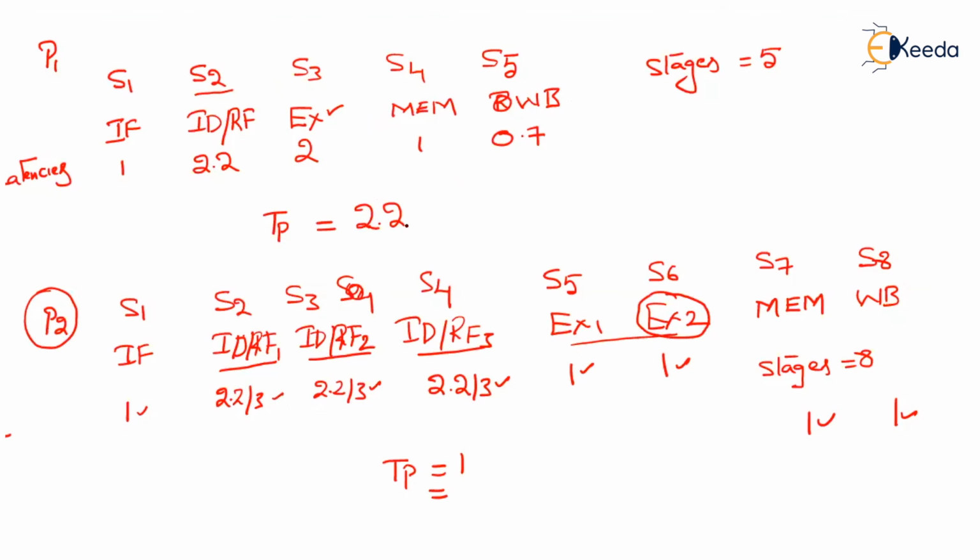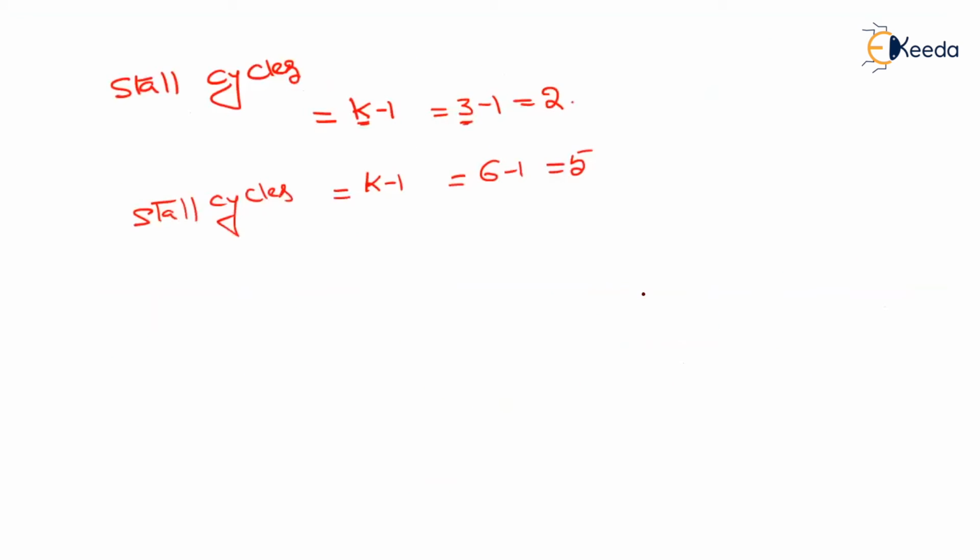In the first pipeline k is the third stage, so the next instruction has to wait till the third stage. In the second pipeline, the next instruction has to wait till the sixth stage. So k minus 1 gives stall cycles equal to 2 in the first pipeline and 5 in the second pipeline.